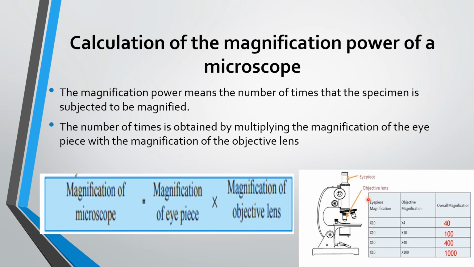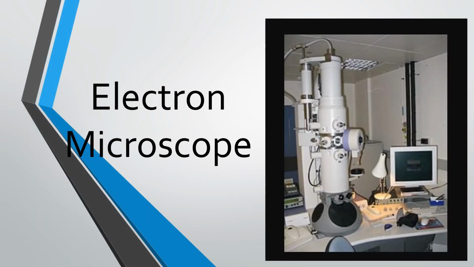So here in this table you are given examples for calculating the magnification of a microscope. Okay, now you have learned everything about the light microscope, but there are some other types of microscopes. One such microscope is the electron microscope. In Sinhala, it is electron anviksha.